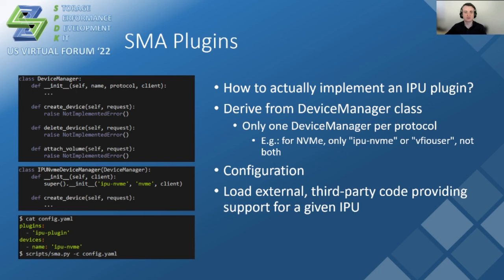And all of those methods directly correspond to the gRPC interface that's exposed by SMA. It's worth noting here that only one device manager can implement a given protocol at the same time. That means that if you have an IPU device manager that is capable of creating NVMe devices, you cannot use that with vfio-user, which also creates NVMe devices.